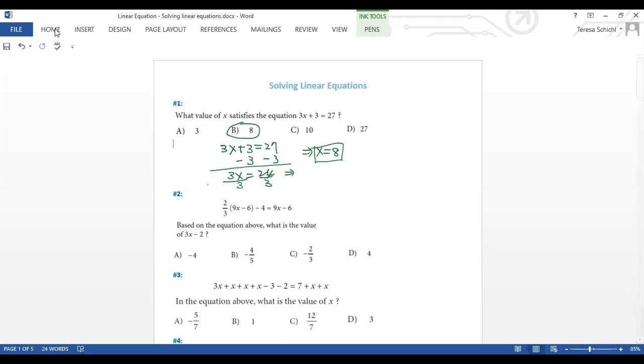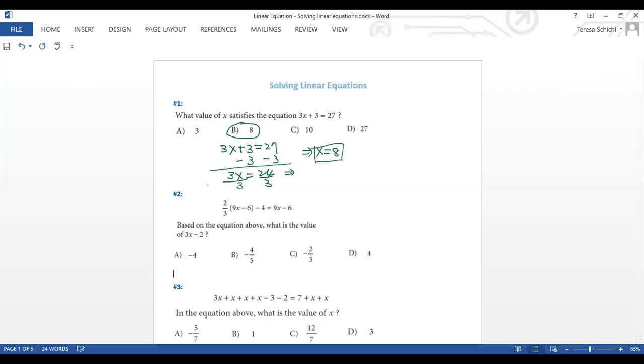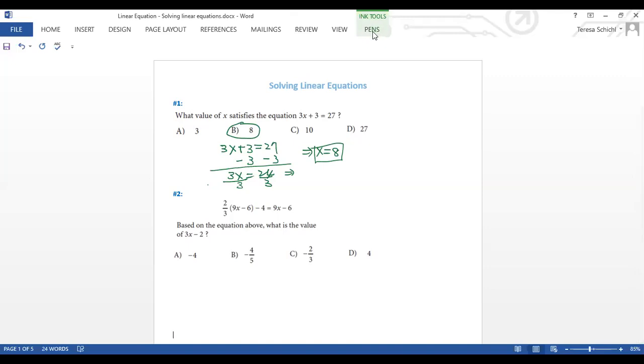Okay, so now let's take a look at the second one. For the second one, we're going to solve the problem: 2/3 times (9x minus 6) minus 4 is equal to 9x minus 6.